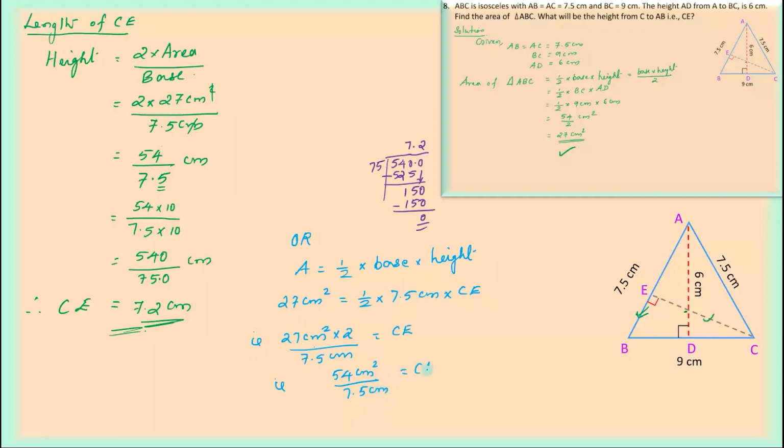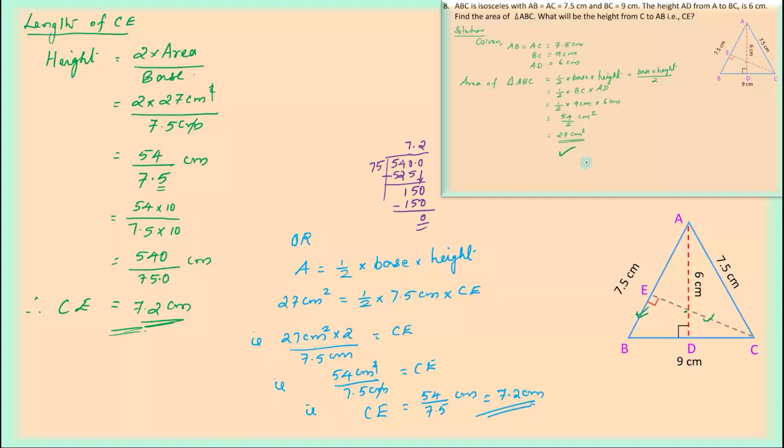So the length of CE is equal to 54 divided by 7.5, and we can cancel 1 centimeter. When we divide this, we get it as 7.2 centimeter.